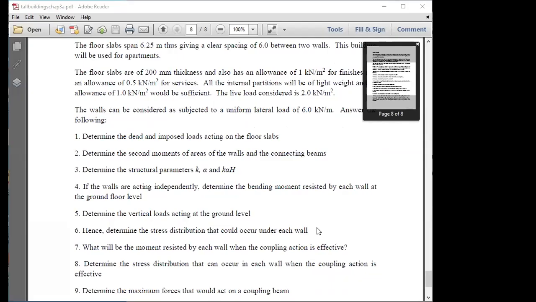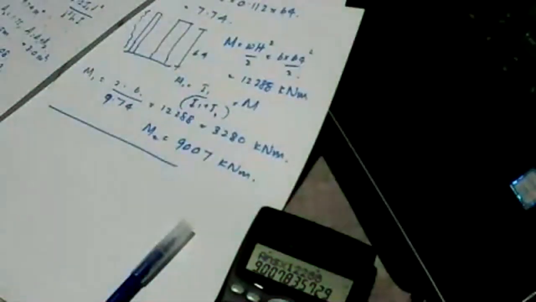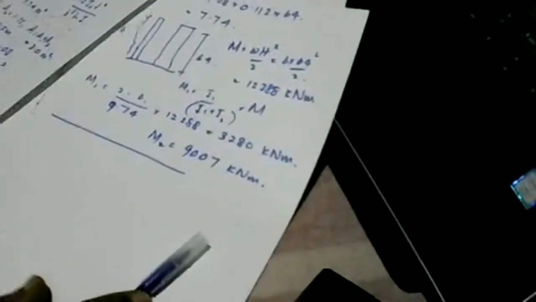So we are asked to find the stress distribution under each wall. The first question is to determine the vertical loads acting at the ground level.